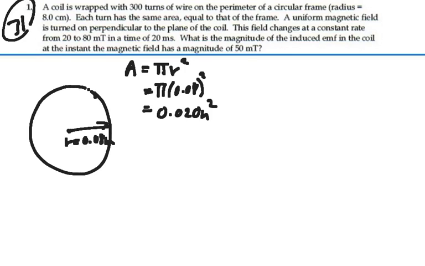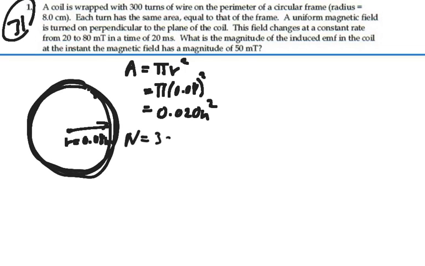And in fact, we have 300 coils. So we have 300 turns of coil like this. So the number of turns we have is 300. And we have a magnetic field that's perpendicular to the plane of this coil. So let's just imagine that our magnetic field is going into the board.